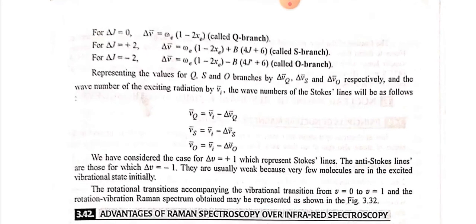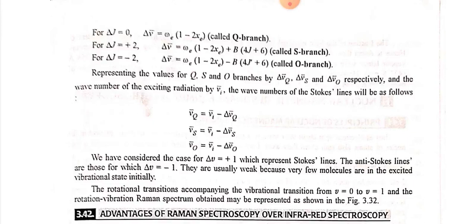For delta J is equal to 0, delta nu bar is equal to omega e into 1 minus 2 omega e x e, called Q branch. For delta J is equal to plus 2, delta nu bar is equal to omega e into 1 minus 2 omega e x e plus B into 4J plus 6, called S branch.